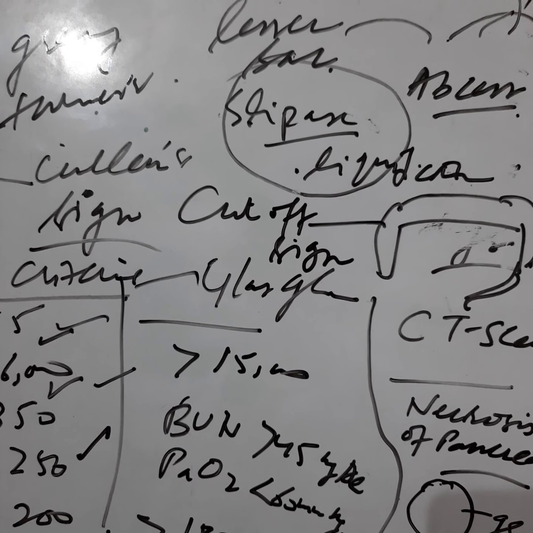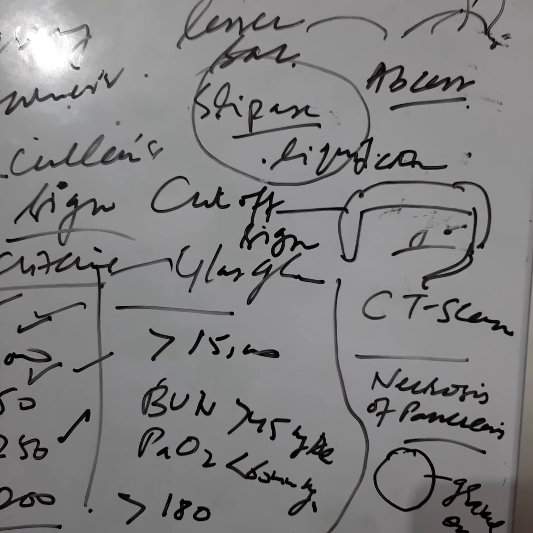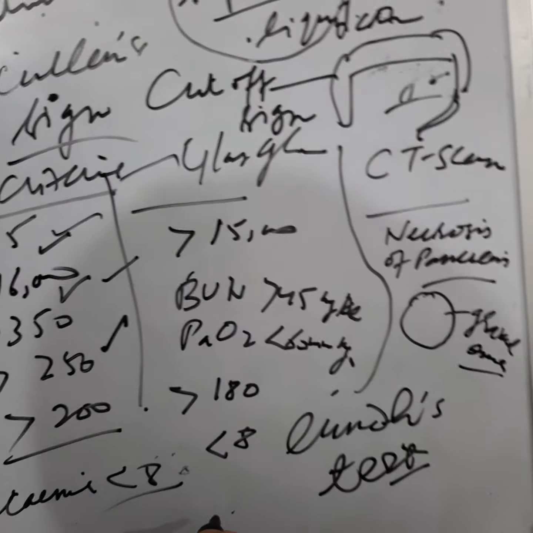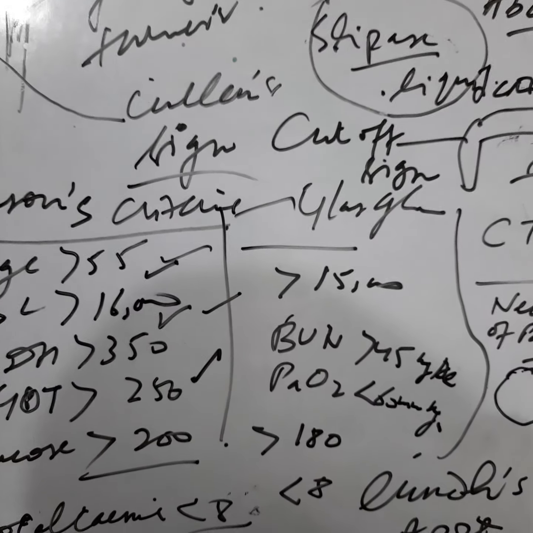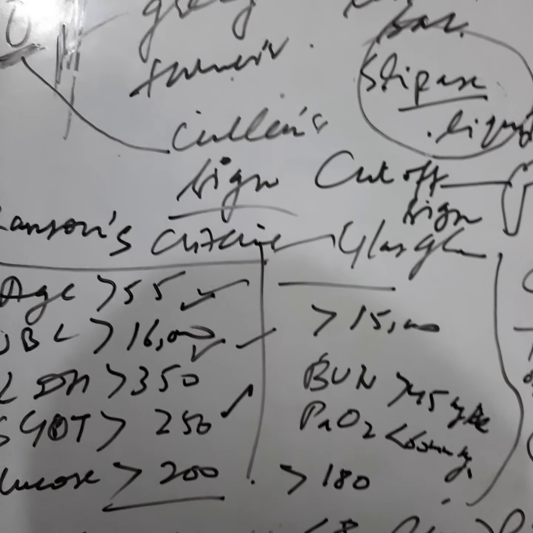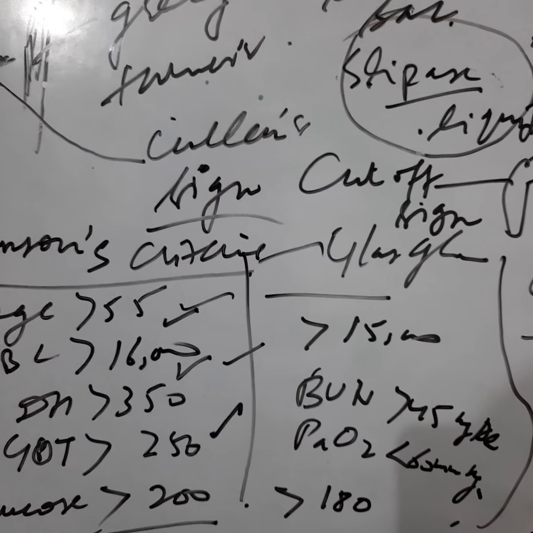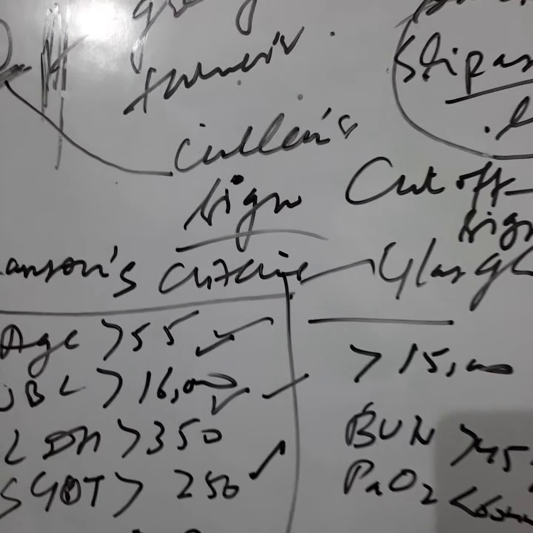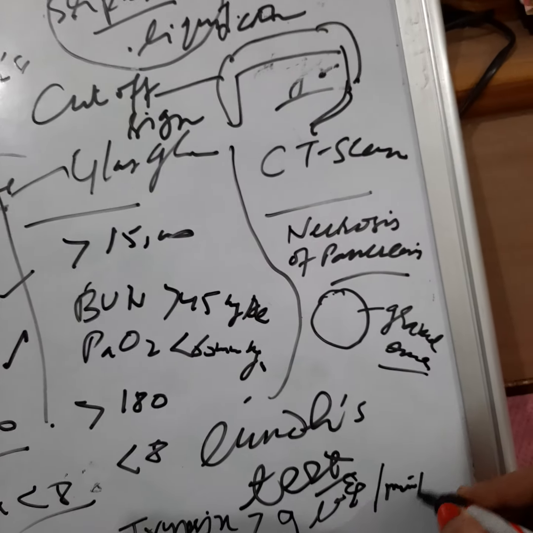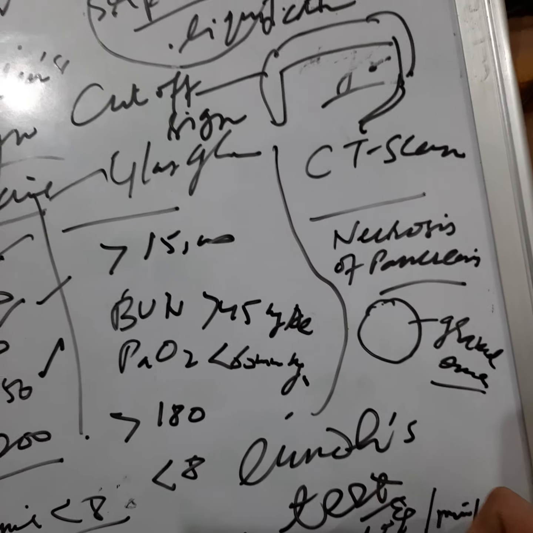Normally trypsin is more than 9 microequivalents per minute per ml. In case of the chronic one it is lesser than 2.